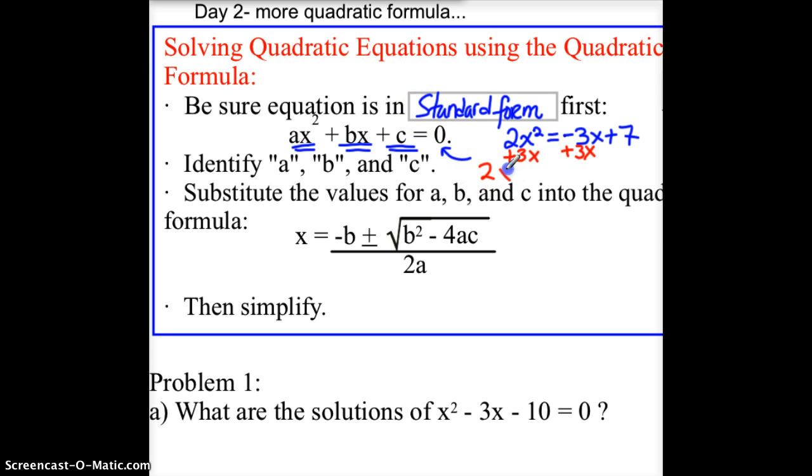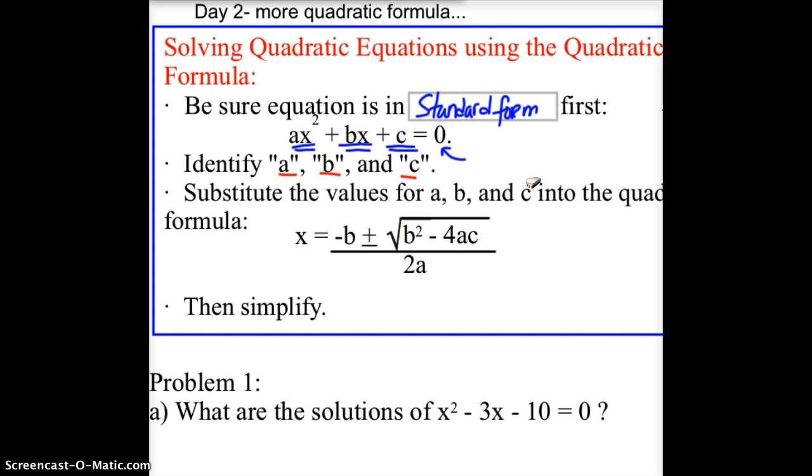We'd get 2x squared plus 3x is equal to 7, and then we need to move the 7 over by subtracting it from both sides, leaving us with 2x squared plus 3x minus 7 equals 0. It's after that that you identify your a, your b, and your c. So if it's not equal to 0, you need to take the opposite of everything that's on the right-hand side to move it over to the left-hand side.